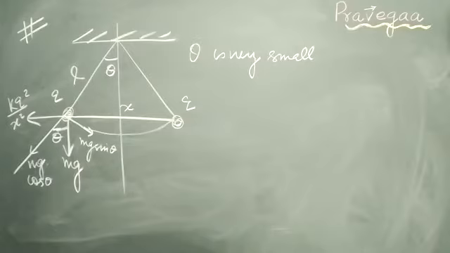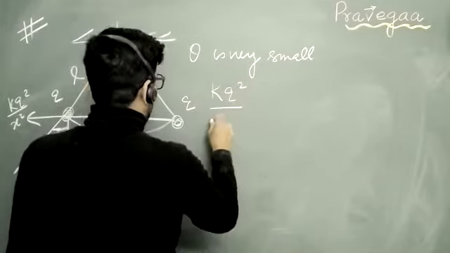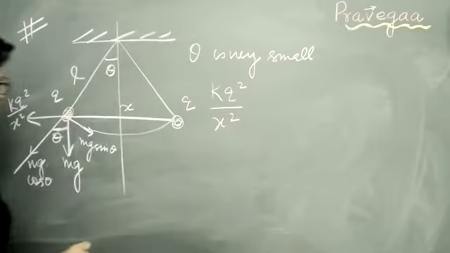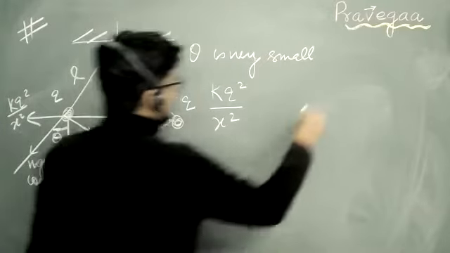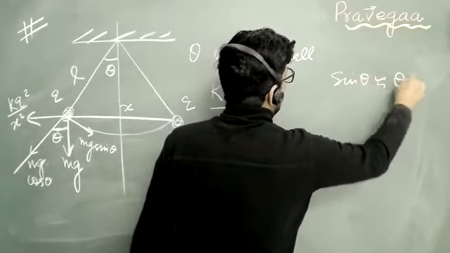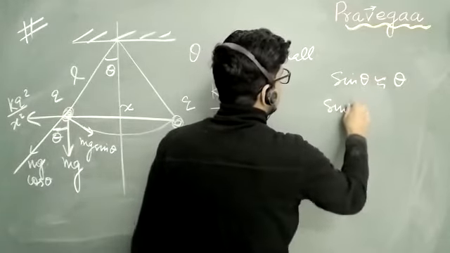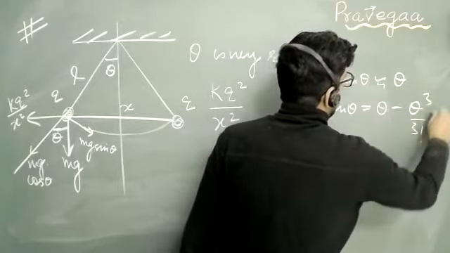Yes or no? So when it will be at a balanced state, this force kq square by x square will be balanced by mg sine theta, and I can take sine theta to be equal to theta, for the simple reason that theta is small and sine theta is theta minus theta cube by 3 factorial plus so on.